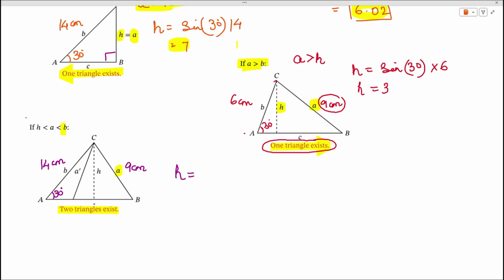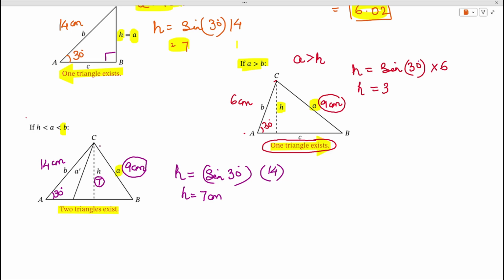So the height of the triangle will be the sine of the angle multiplied by 14. This gives us the height of 7 centimeters. Now we can clearly see that the height is 7, and the opposite side to the angle is longer than the height, so the triangle can exist.